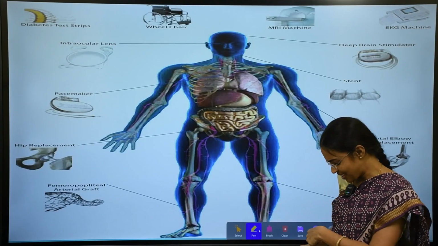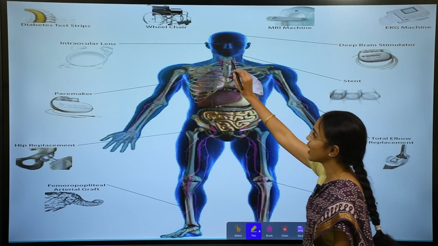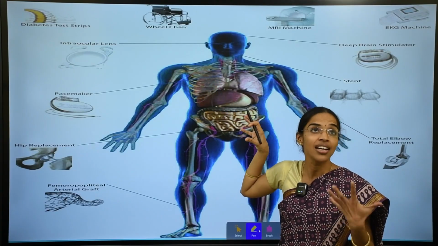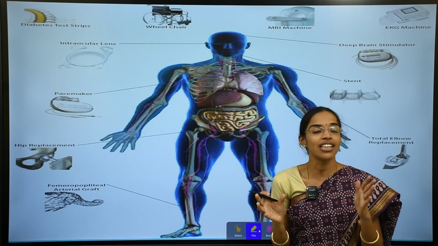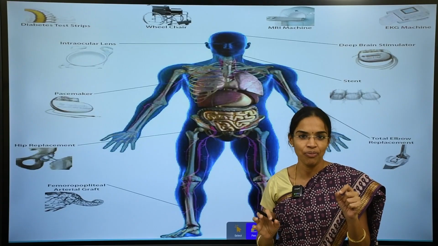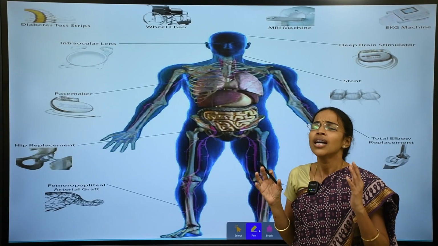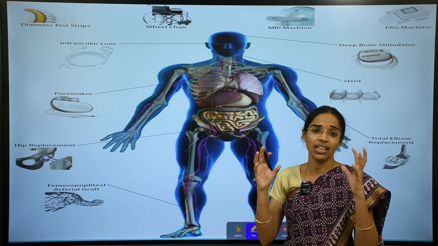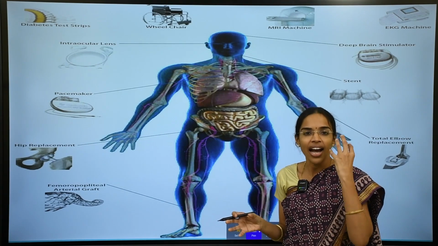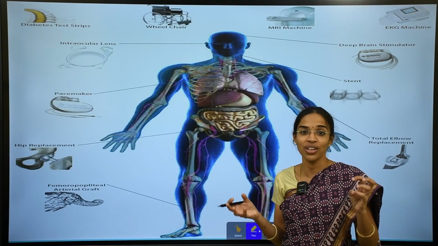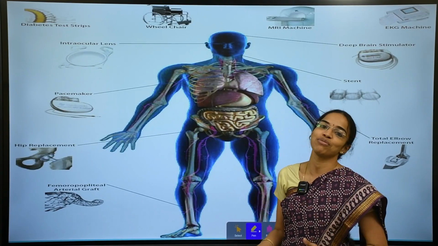It may be slightly ambiguous, but I just wanted to show what is covered under medical devices. What is a medical device and what all is covered under it? The definition and the range of medical devices is not as clear as it seems to be.